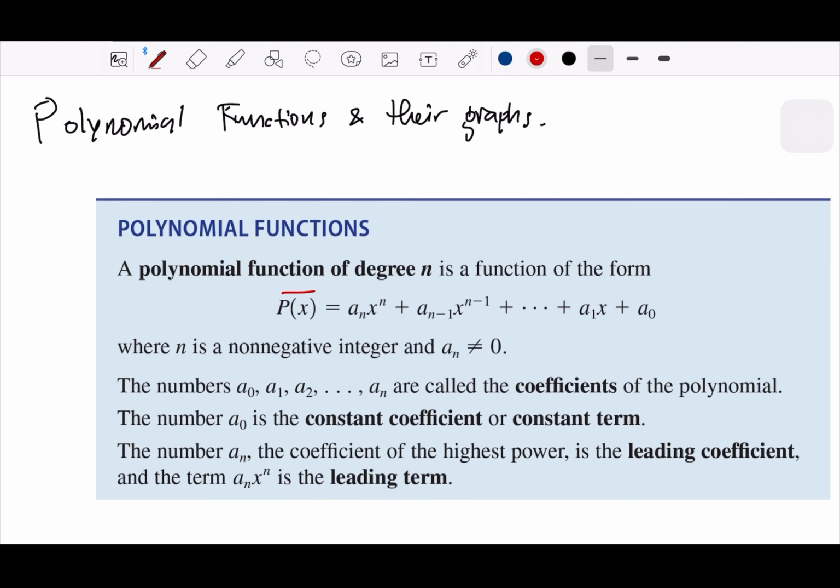So we have the coefficients, the constant term, the leading coefficient, the leading term. It's not really necessary to memorize, but it's good if you know at least these general terms. And a_n is not equal to 0.